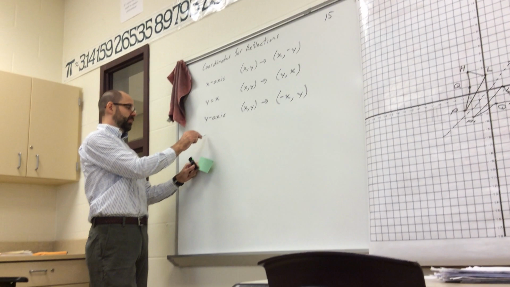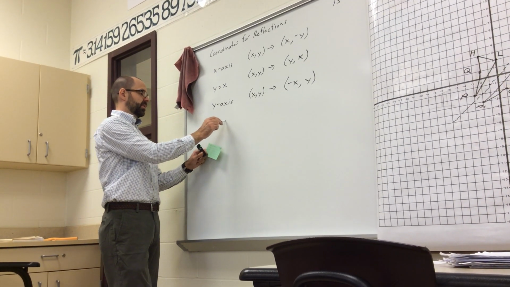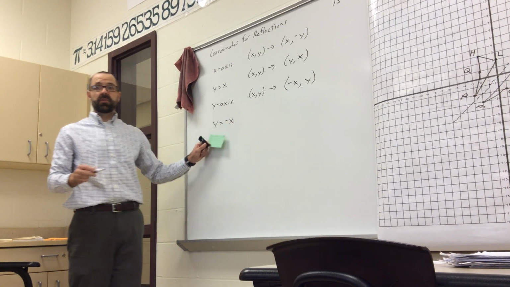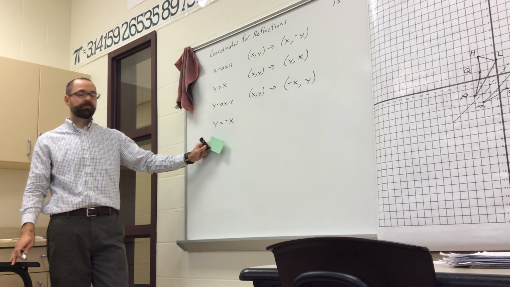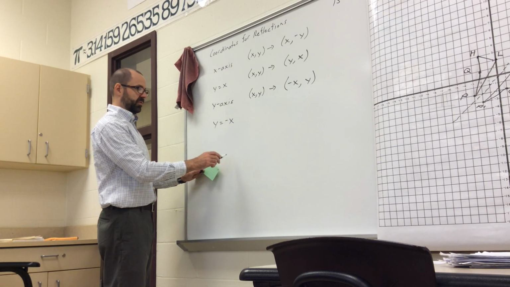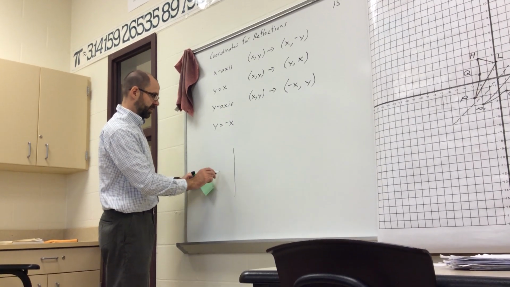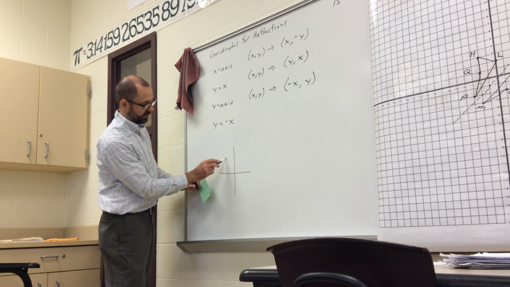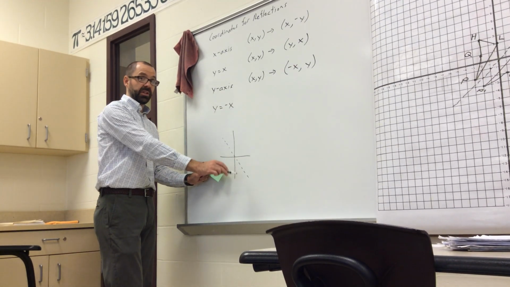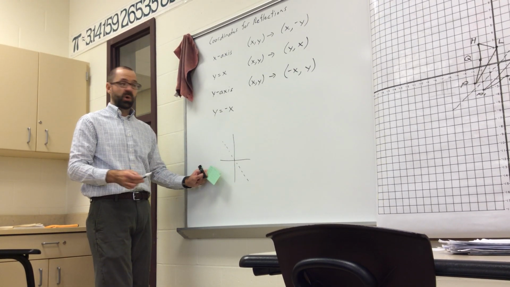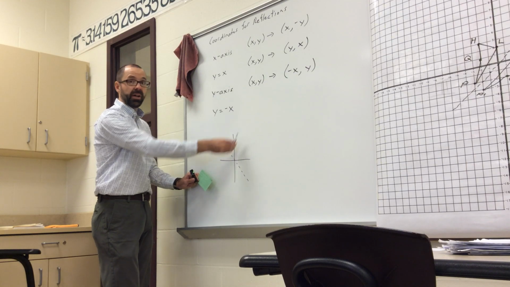And then the final type of reflection we're going to do for coordinates is across the line y equals negative x. And just so you know, y equals negative x, that's this. A diagonal line going this way. Y equals x is a diagonal line going that way.